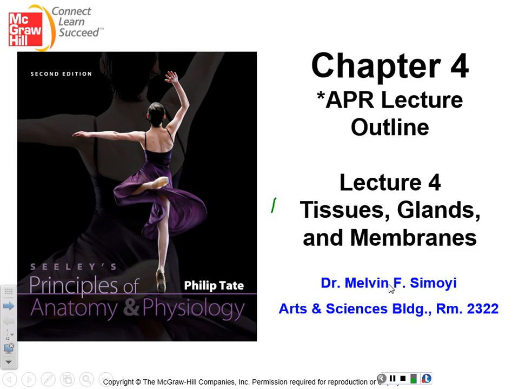So today we're going to do lecture 4, tissues, glands, and membranes, and we're going to talk about the 4 major connected tissues in the body: the epithelial, which skin is made up of, and then the connective tissue.